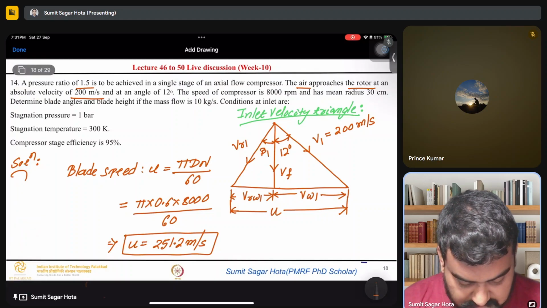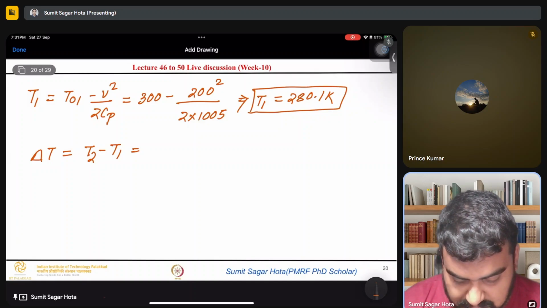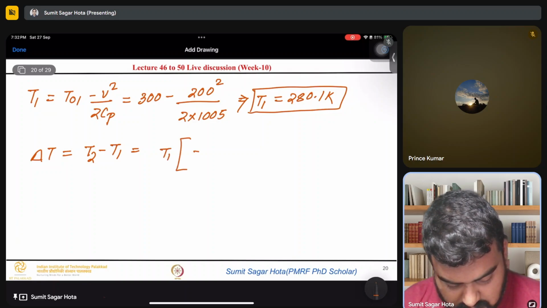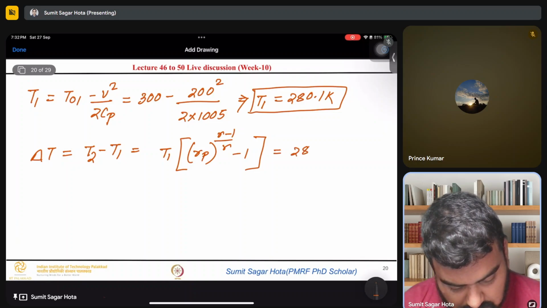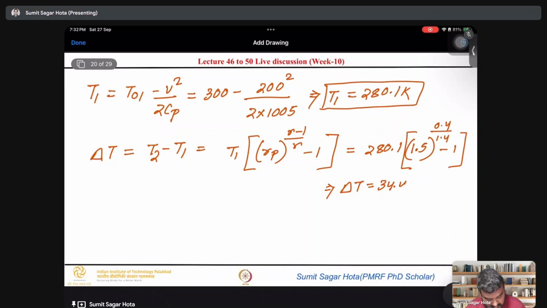For the process 1 to 2, just apply the isentropic relation between the temperature and pressure, which gives T1 into Rp to the power of (gamma minus 1) by gamma, minus T1, is equal to 280.1 into 1.5 to the power of 0.4 by 1.4, minus 1. So delta T is 34.4 Kelvin.